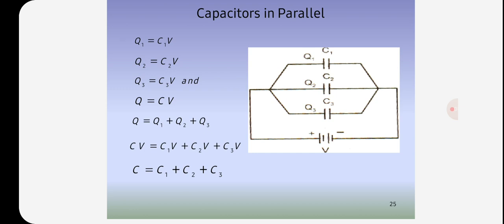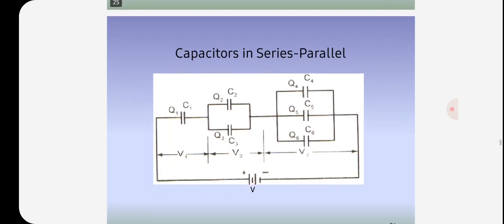Here Q equals CV means C1V plus C2V plus C3V. Finally, C is equal to C1 plus C2 plus C3.